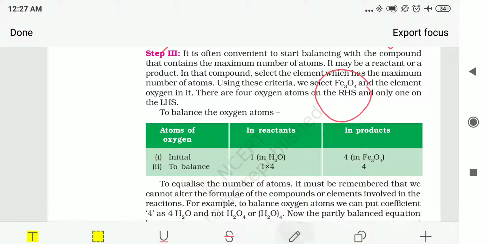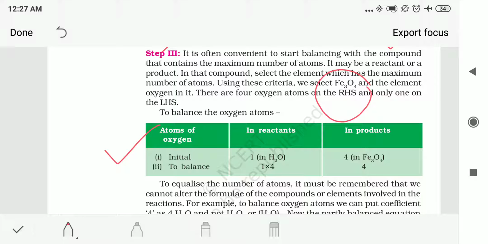Initially, you can understand from the table, one oxygen was there in the reactant side, that is in H2O. Now we have placed 4 in front of H2O to equalize the number of atoms, and there were 4 atoms of oxygen in Fe3O4.